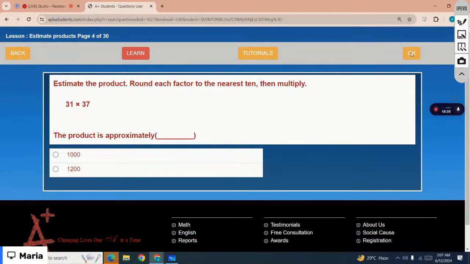Estimate the product, round each number to the nearest 10 and then multiply. So that is 31 times 37. So which is the correct option?